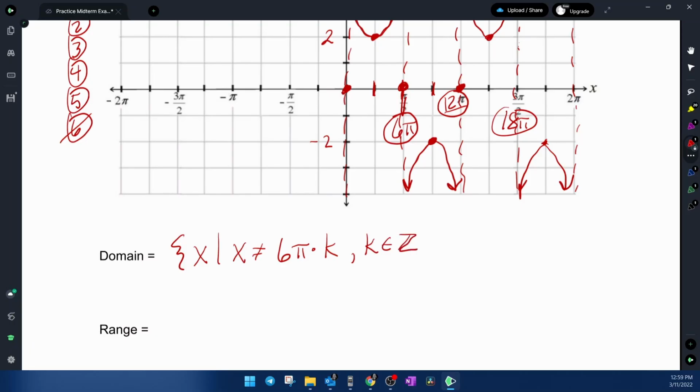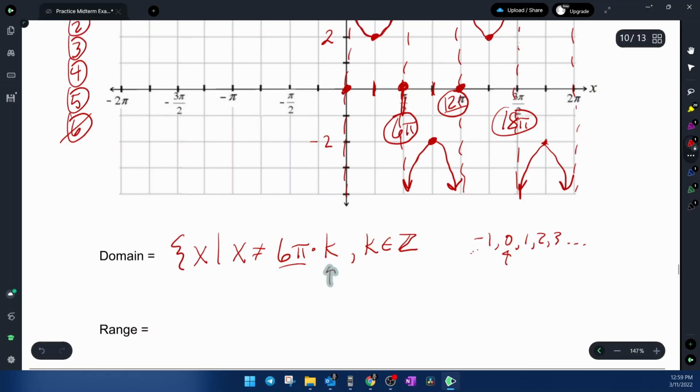So notice integers would be -1, 0, 1, 2, 3, so on and so forth, both directions. And if I plug in a few values, notice if k is 0, 0 times 6 pi is 0, and that does give me an asymptote at the y-axis.